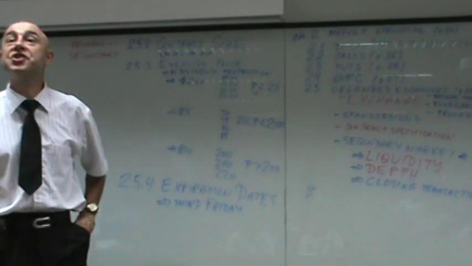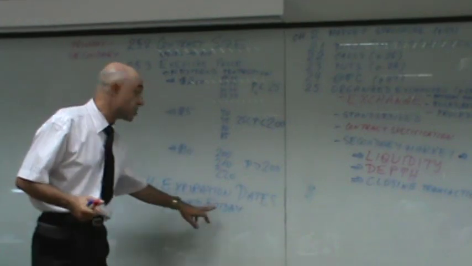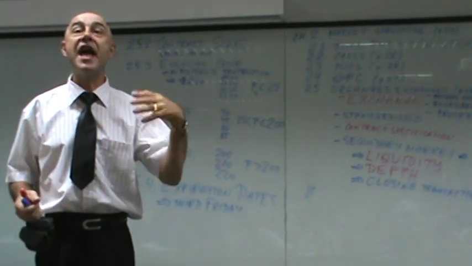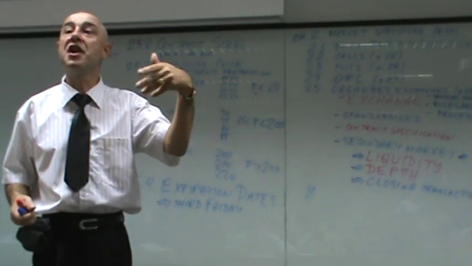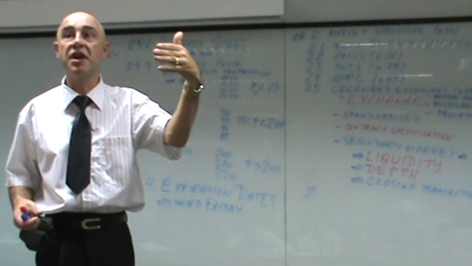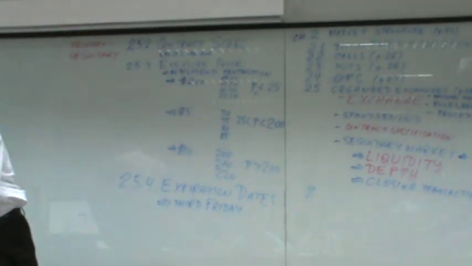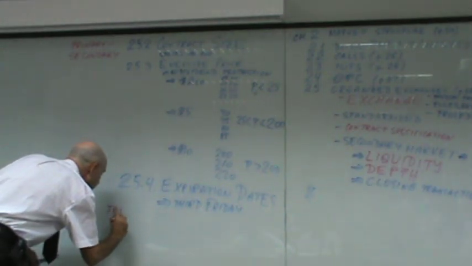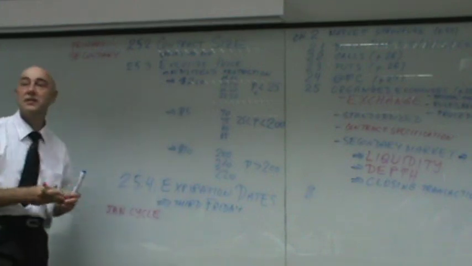So expiration dates are on the third Friday, and then every 3 months. Let's explain this. We call it the January cycle.